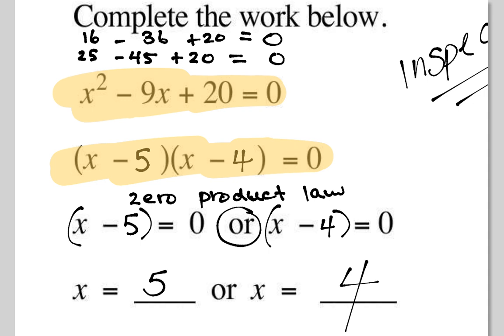Why is that easy? Because when you times to get 0, one of the factors or both have to be 0. So this gives rise to, why are we factoring in the first place? The reason we factor is so that when you have a multiplication equal to 0, it's superbly easy, because you're just timesing. When you times to get 0, one or both are 0.